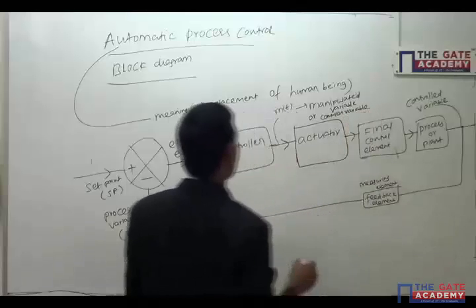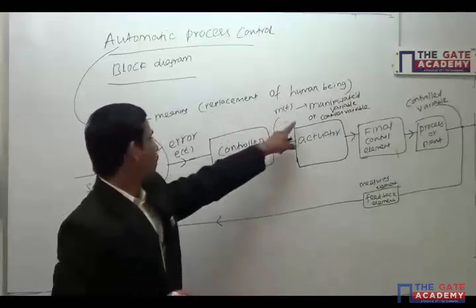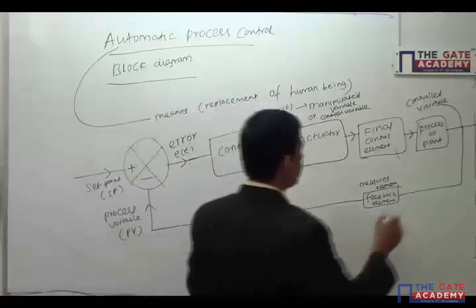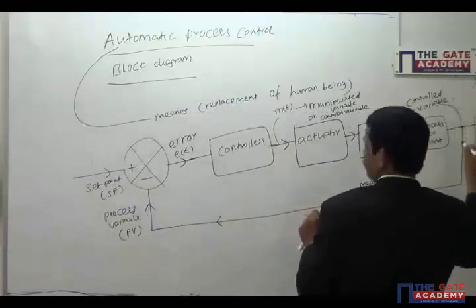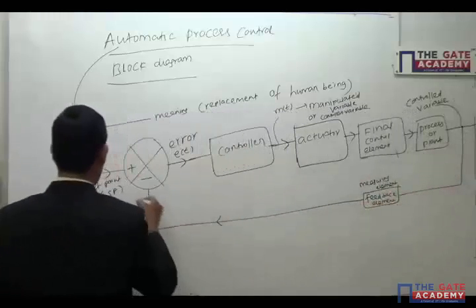So this is very important. Controller output is m of t, that is manipulated variable or controller variable, whereas process output what we are getting is the controlled variable.